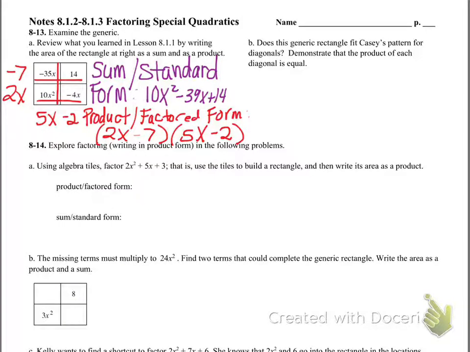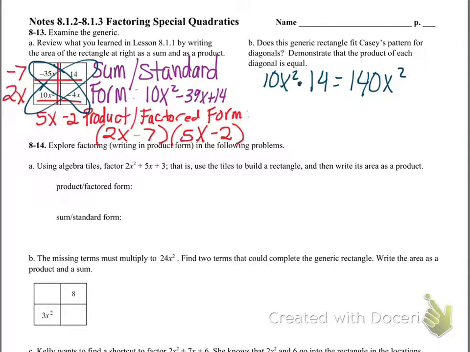So I'm going to multiply my first diagonal that I see here. I'll do 10x squared and 14. So 10x squared times 14 is going to be 140x squared. And then if I take a look back at the other diagonal, I'm seeing a negative 35x and a negative 4x.